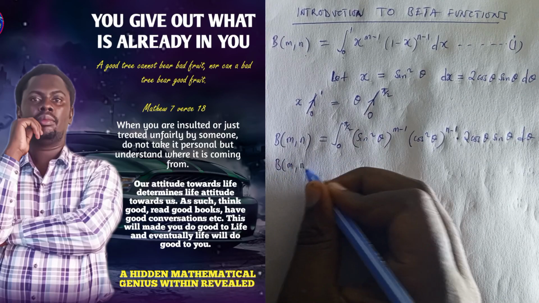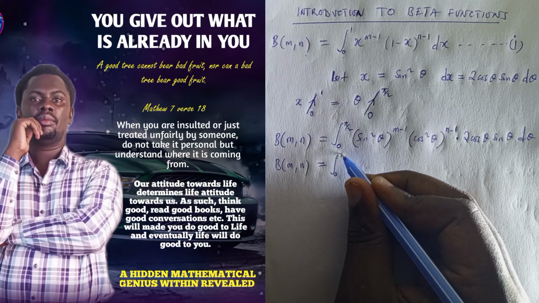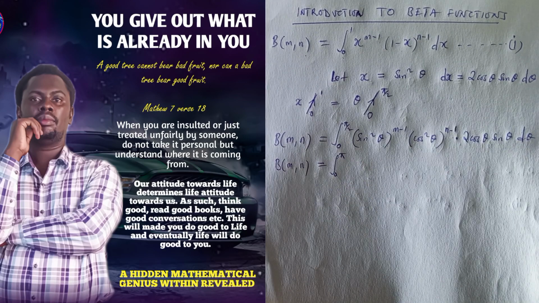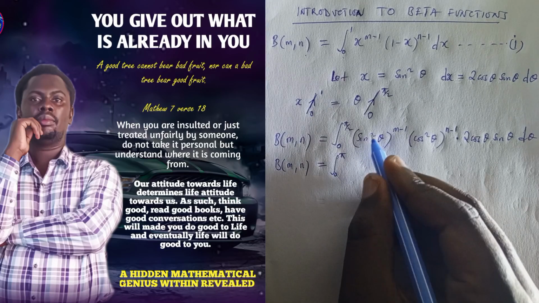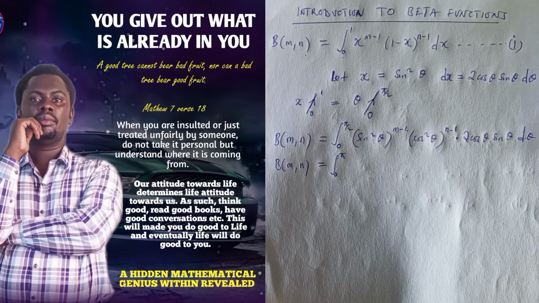Okay, so we have beta of m and n is equal to the integral from 0 to pi over 2. We need to expand this. So this will be 2 multiplied by m is 2m, multiplied by 1, that is 2.